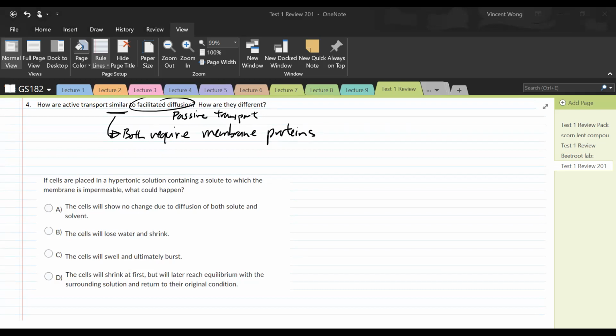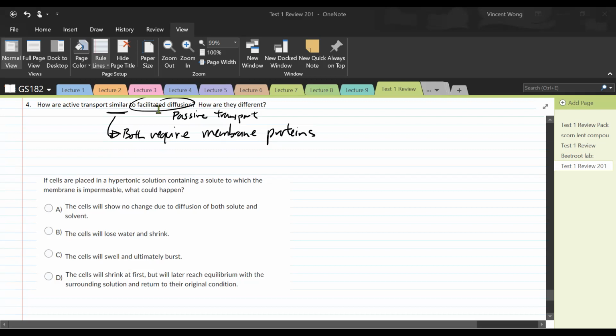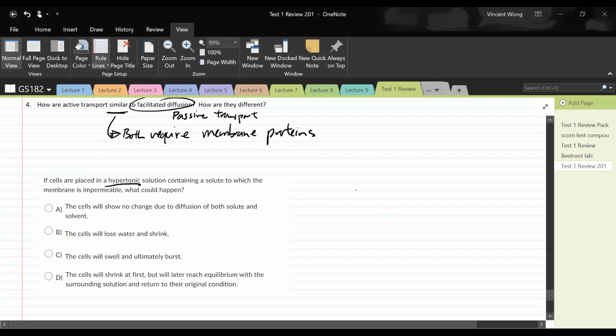Okay, we have B or D, we have A or D. Remember, you can only choose one thing on the test, right? So let's see what's going on here. This is placed in a hypertonic solution. Hypertonic means there is more solute outside than inside, so water is overall going to be leaving the cell.